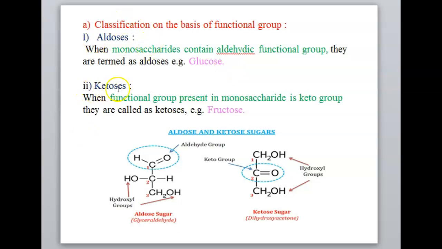Second is the ketoses, when the functional group present in the monosaccharide is the keto group. Now they are called ketoses, and the example is fructose.